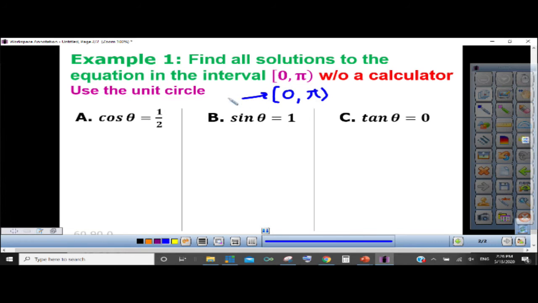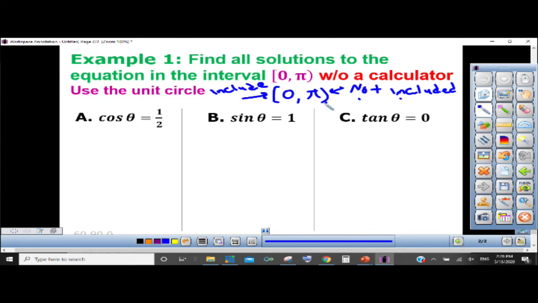This bracket means it's included. Include this value. Okay, so this value is included. This value, however, if it's parentheses, you are not including that. Parentheses are not included. Okay, so just keep that in mind. This is just a quick review for the parentheses and the bracket.